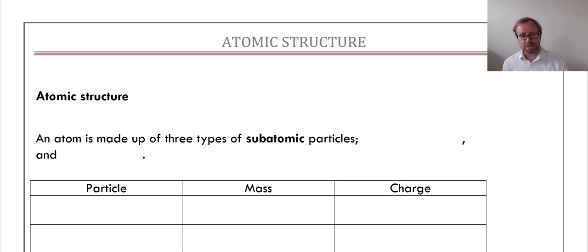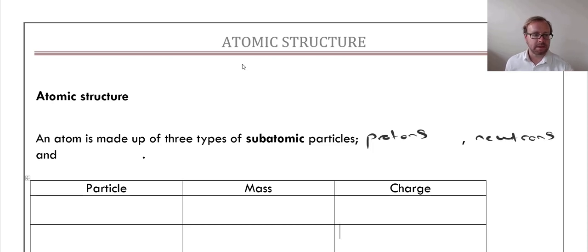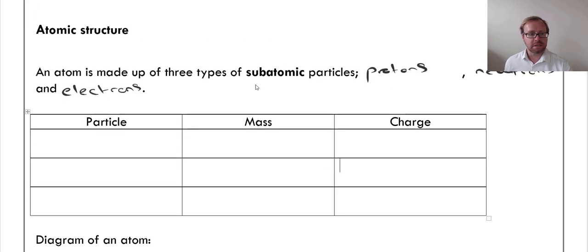Okay, so atomic structure. An atom is made up of three types of subatomic particles, these being, as you probably already know, protons, neutrons, and electrons. And you're probably familiar with this table as well, so we will go and fill it out.